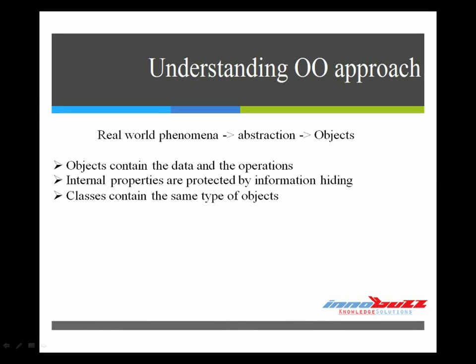The classes contain the same type of objects. The classes are going to represent our types in the OO languages. The objects belong to the classes as instances. Communication between objects works through messages.